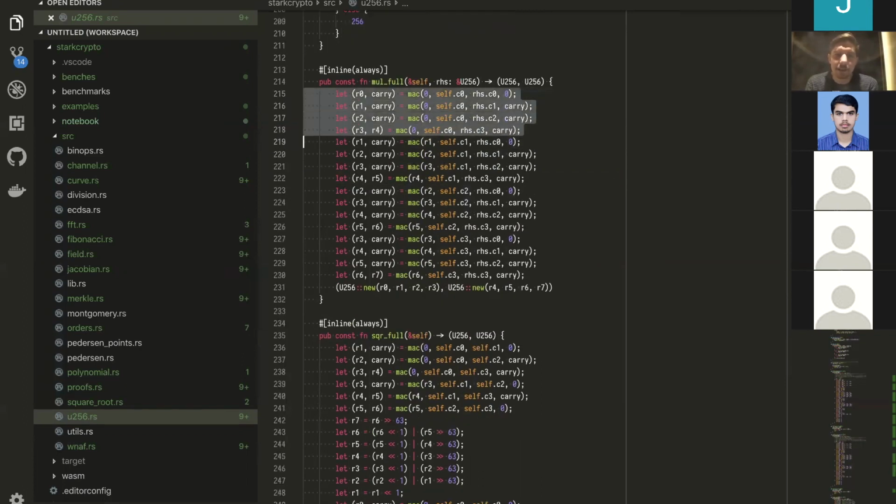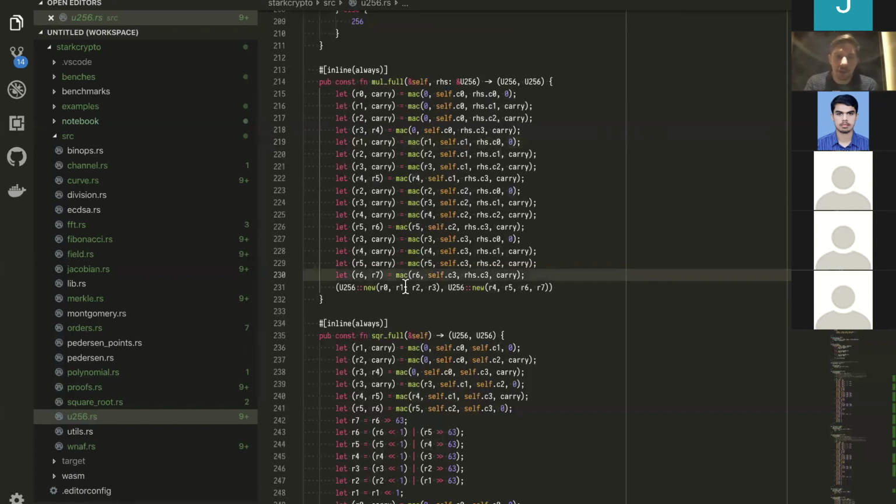Again, this is just basically schoolbook multiplication. So you take the lowest limb of the first number, multiply it by all the limbs of the last number, and this gives you a temporary result of 5 digits. And there's always the carry. And the next one, you start with the second limb and everything gets shifted by 1 limb and so on.